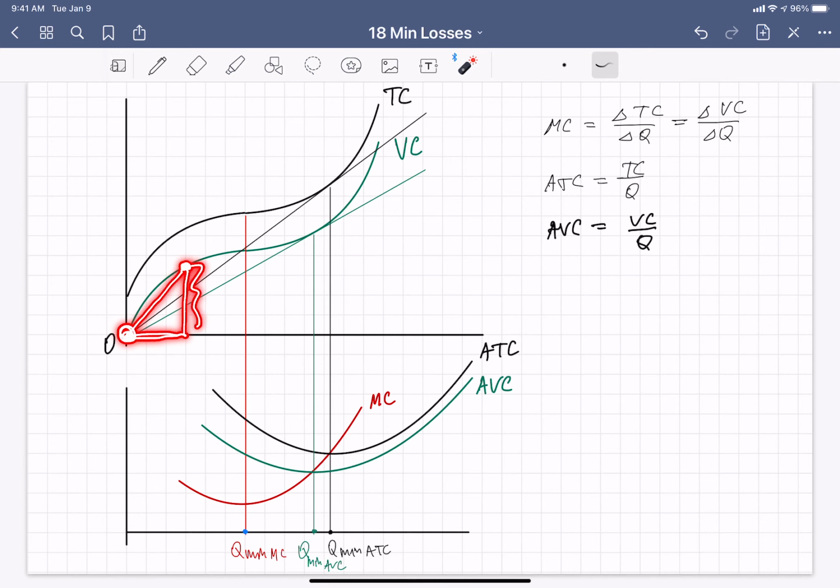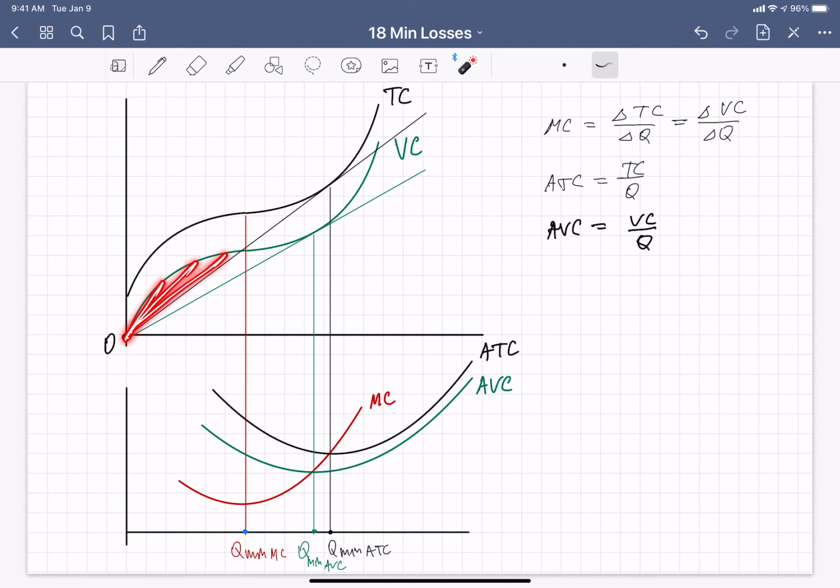So this side of this triangle is variable cost, and this, of course, is quantity. So the ratio is basically AVC, but it also happens to be the slope of this line. So we can do the same thing we did with ATC, tracing the slope of this line, and notice that it's flattening out up to this point.